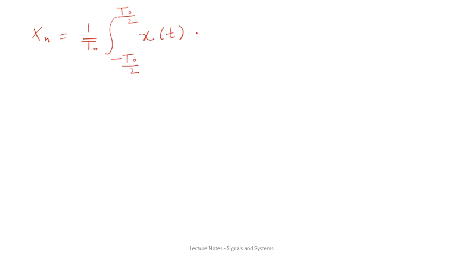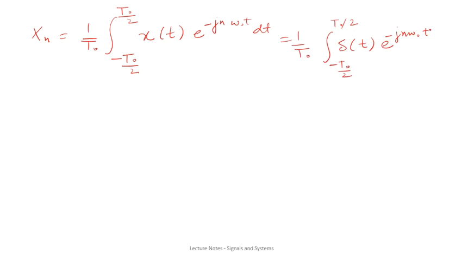So it will be x_n equals 1 by t naught, integral from minus t naught by 2 to t naught by 2 of x(t) e raised to the power minus j n omega naught t dt, and this x(t) is now delta(t), so delta(t) e raised to the power minus j n omega naught t dt.